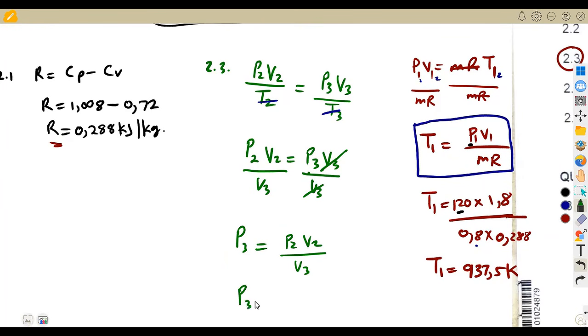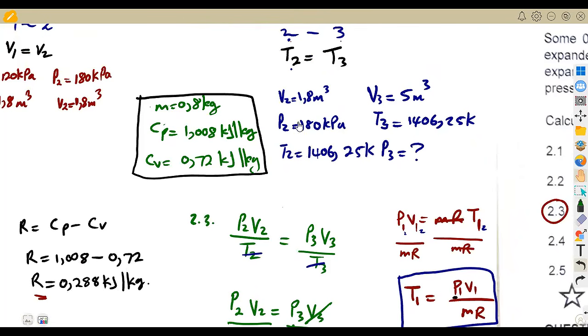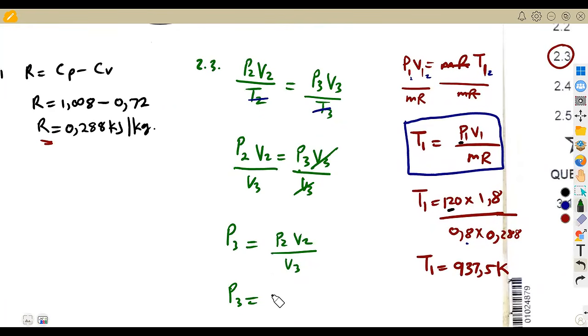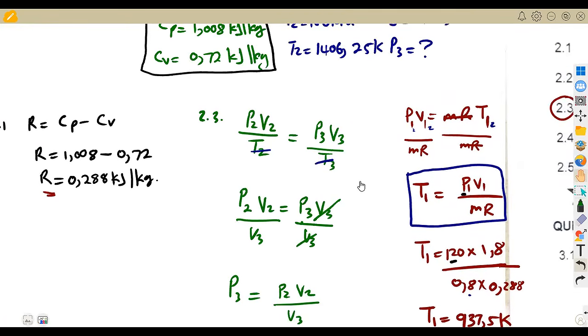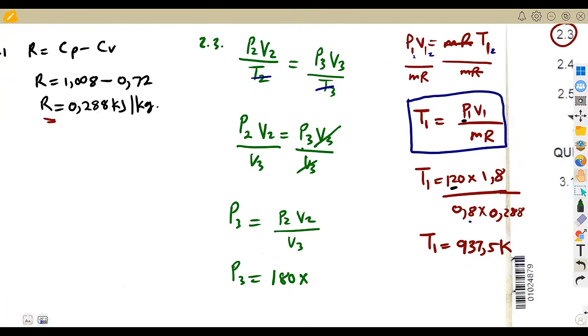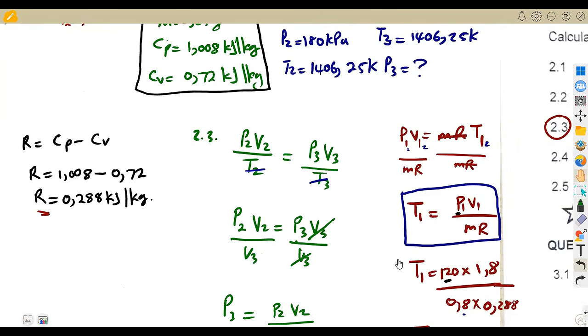So let us substitute our values and see. We've got P2, which is 180, times V2. Remember the volume here, V1 is equal to V2, so V2 is 1.8. And also V3, we have it from the information that we were given before.